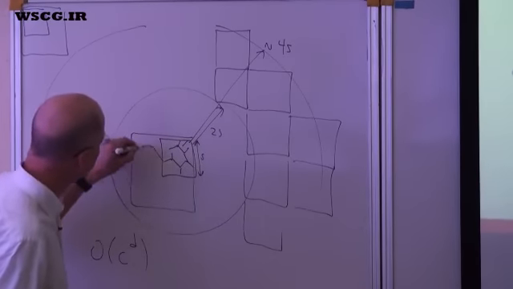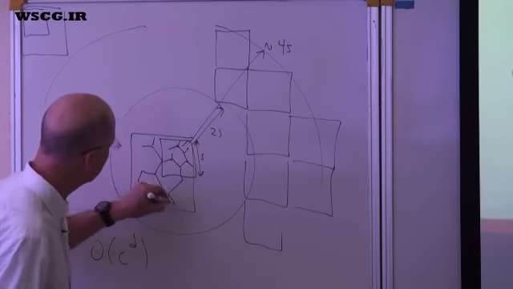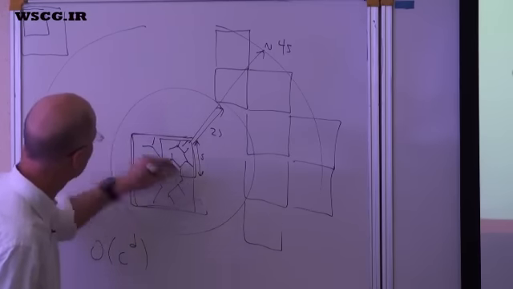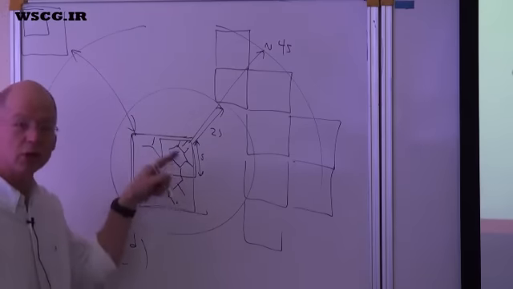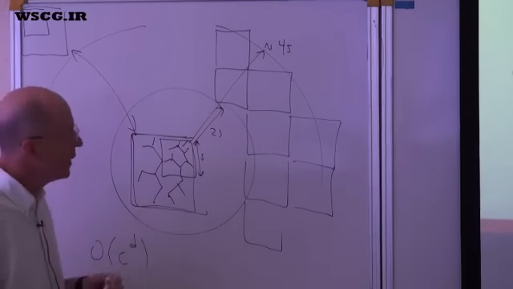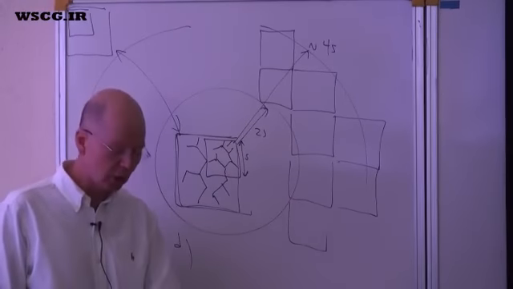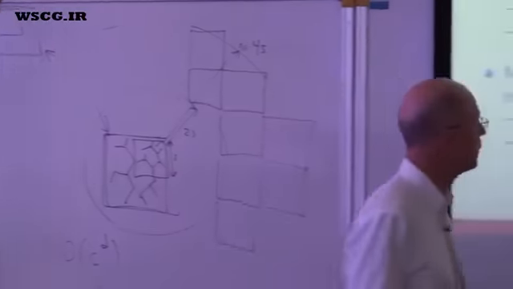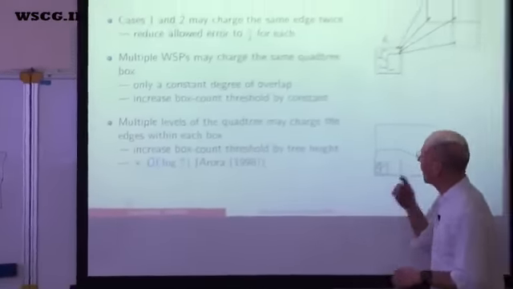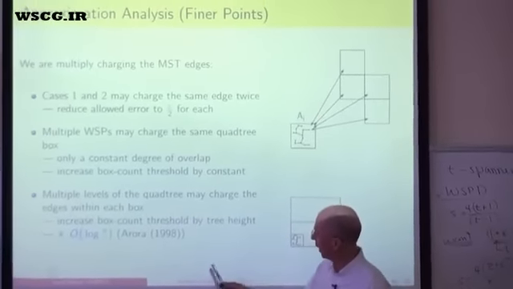When its parent is making charges, there are also spanning tree edges here. If I charge for a well-separated pair between this box and some other parent, I'm also charging these edges all over again. So the problem is that the same edges get charged at different scales throughout the tree: the lowest scale, the higher, and higher. These scales keep working their way up. So multiple levels of the quad tree can charge the box.